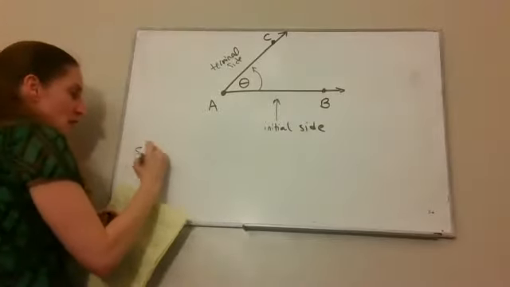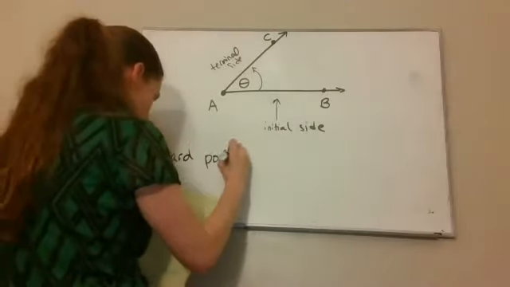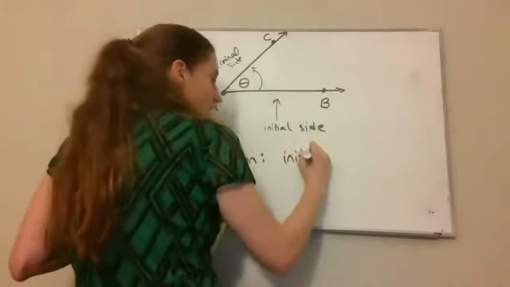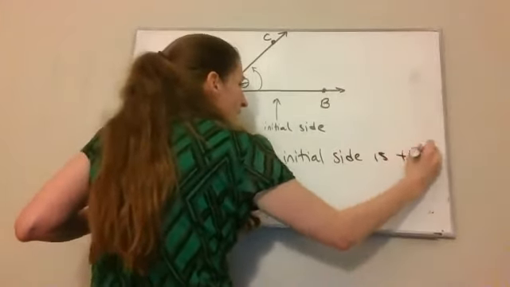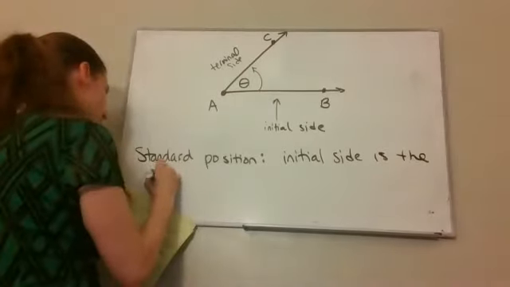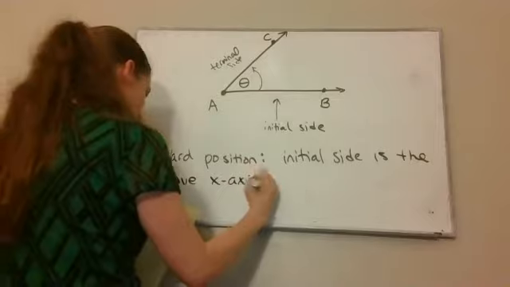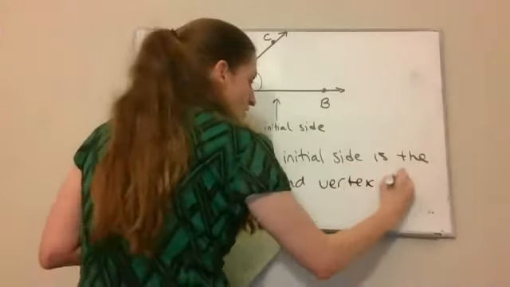Now, standard position for an angle: the initial side is the positive x-axis, and the vertex is the origin.